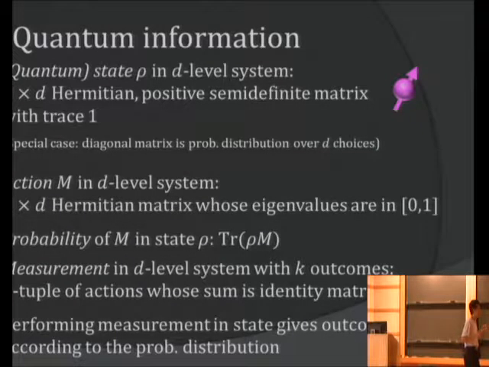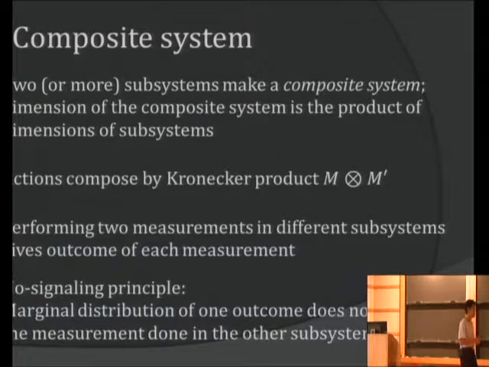So we can consider a shared random variable as a special case of a quantum state. Even in this case, the outcomes of the two measurements at different subsystems may be correlated, but this doesn't contradict the no signaling principle. If we only look at the distribution of one outcome, it doesn't depend on what we do at the other subsystem.